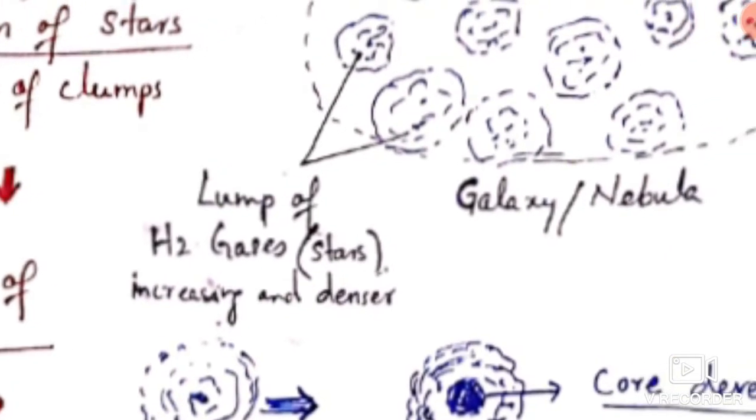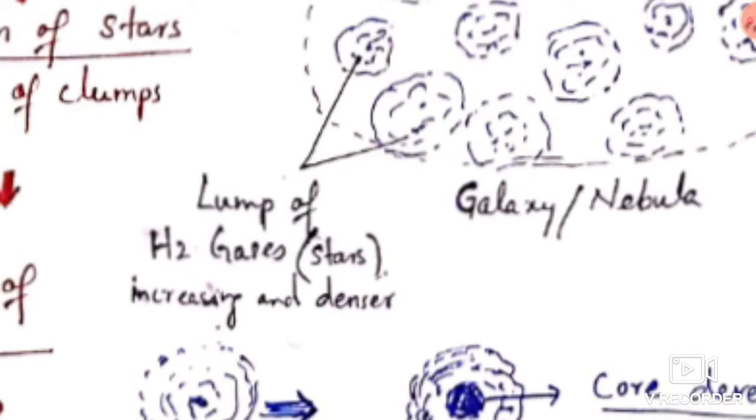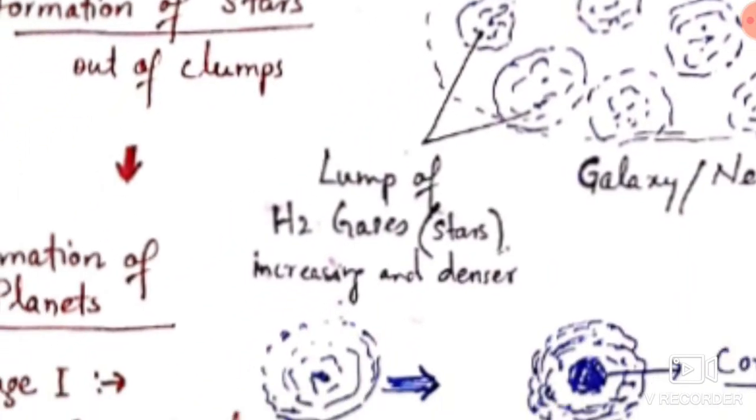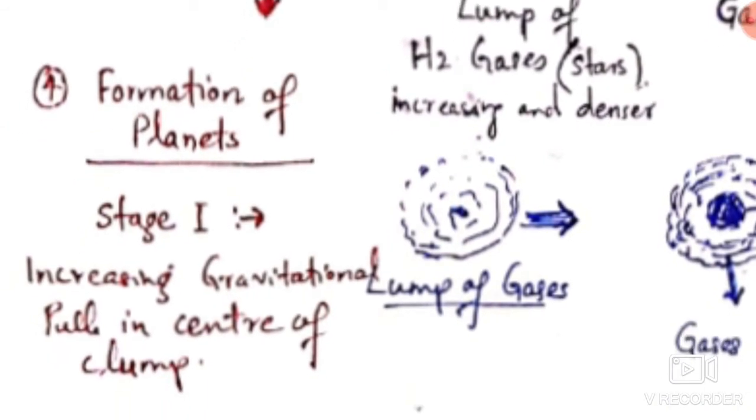The size of the lumps of gases is increasing, and the gases of these lumps are becoming denser as time progresses. Now come to the formation of planets, and all the planets are formed through different stages.